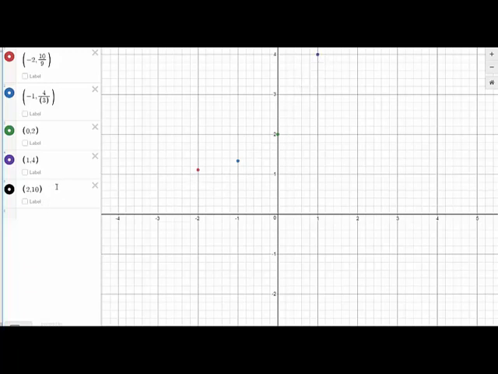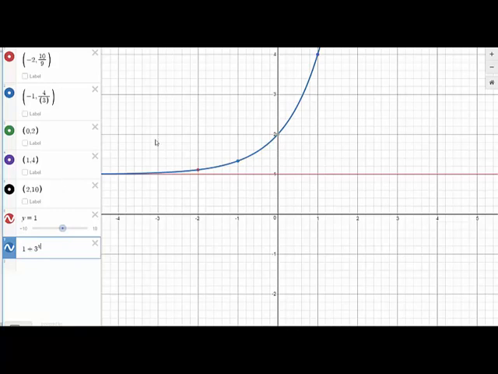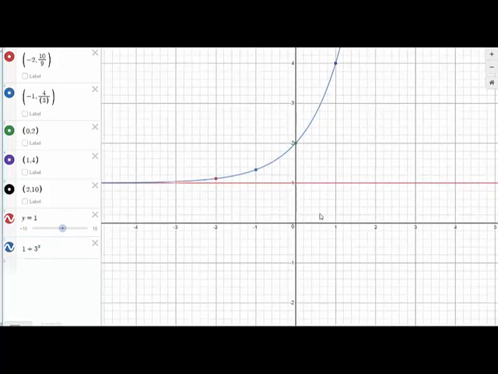If I also want to graph the horizontal asymptote, it is going to be that. If I connect these points, then what I get is 1 plus 3 to the x. And of course the points are connected, the ones that we already found in our graph right here. And this is our exponential function. This is the f of x.